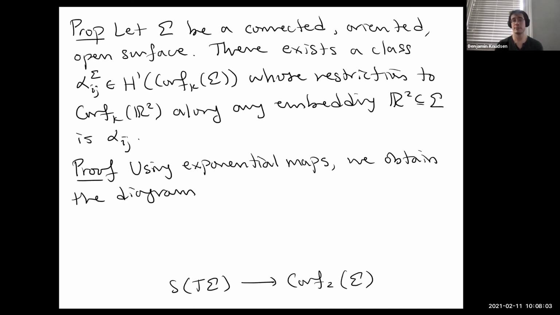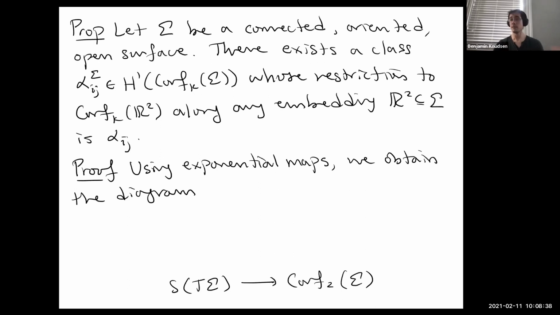And so I can choose a metric on my surface and put the restricted metric from that metric on R2, and I can consider the exponential map for that metric. So I have the circle bundle of the tangent bundle of sigma, and I get a map from that into the configuration space of 2 points in sigma by just keeping my first particle in my configuration at the point where the tangent vector was, and putting the second particle in my configuration at the time 1 exponential flow away from that point.